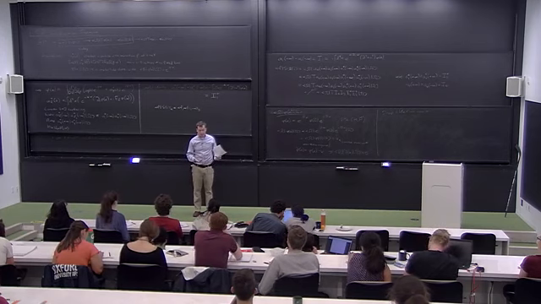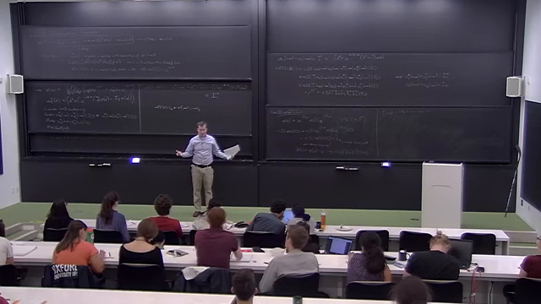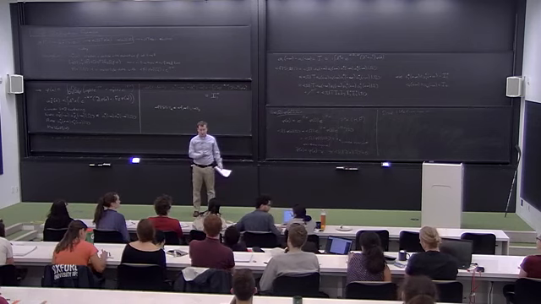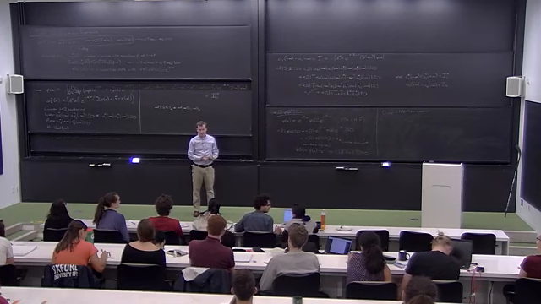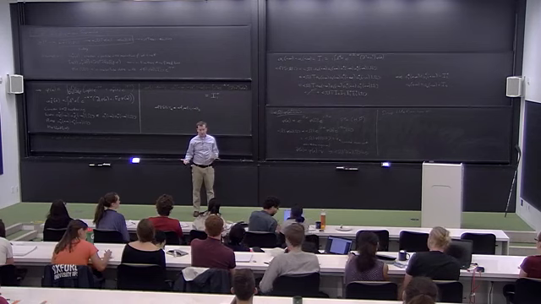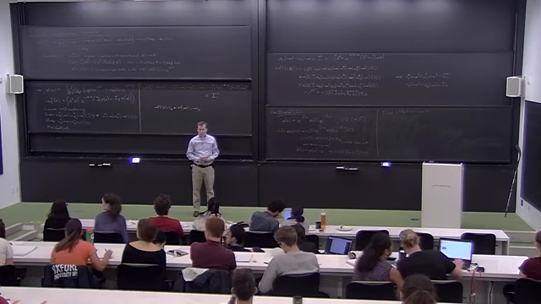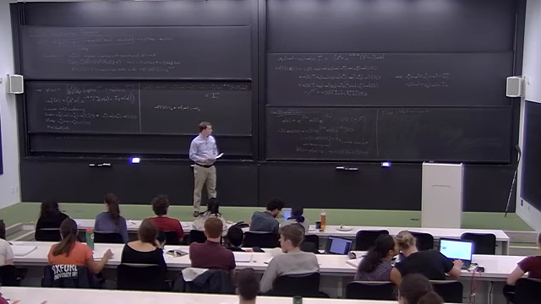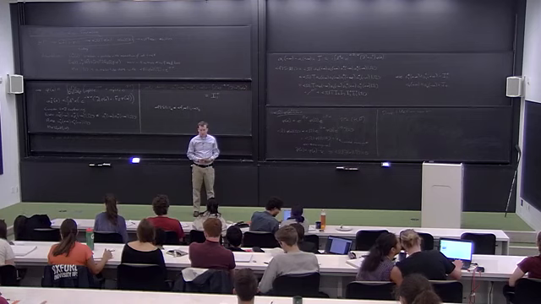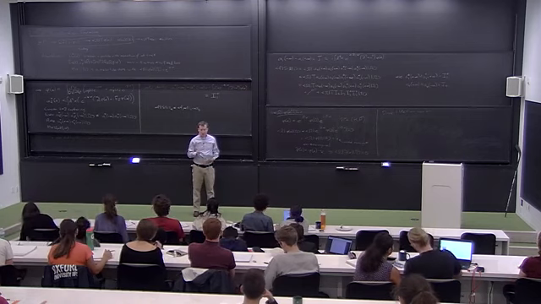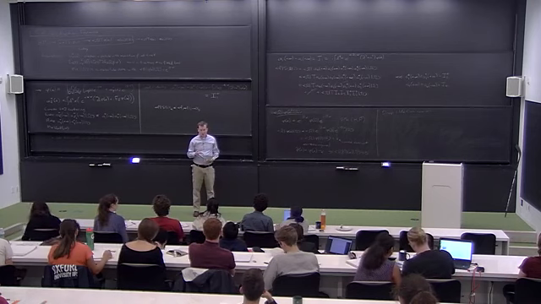There's probably room to have a small amount of violation of Lorentz invariance, but it's not easy to construct a theory that violates Lorentz invariance and is consistent with experiment. You don't look happy with that, but I'll be happy to discuss more with you after lecture, if you like.